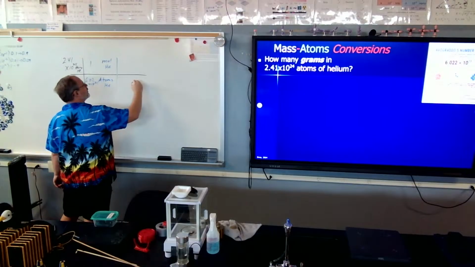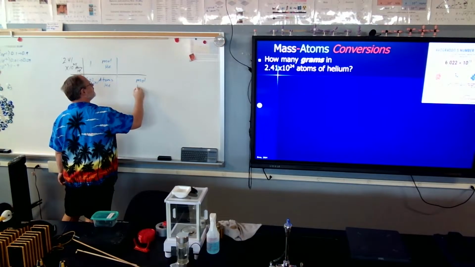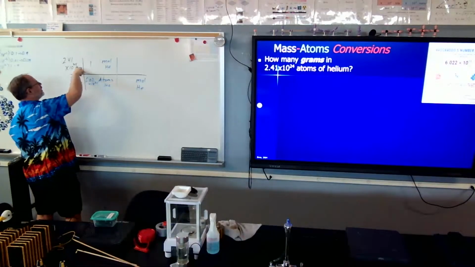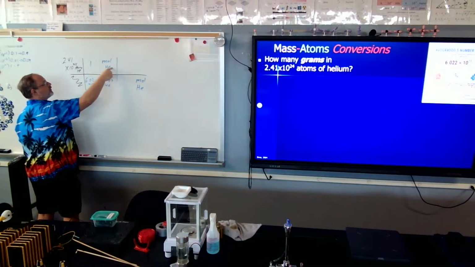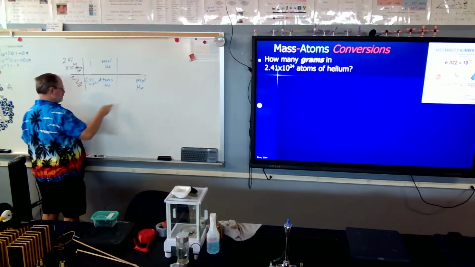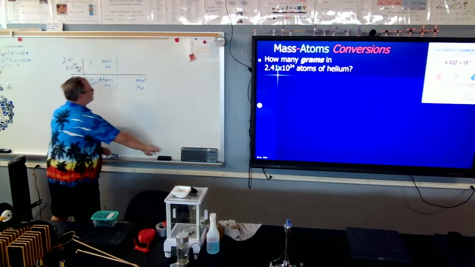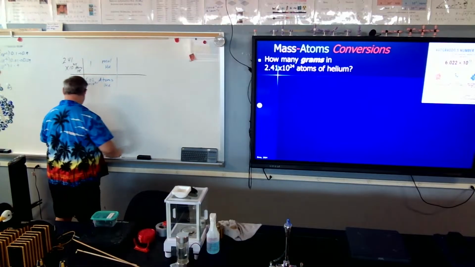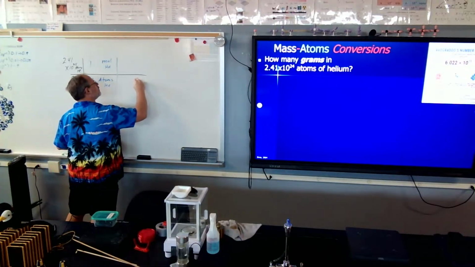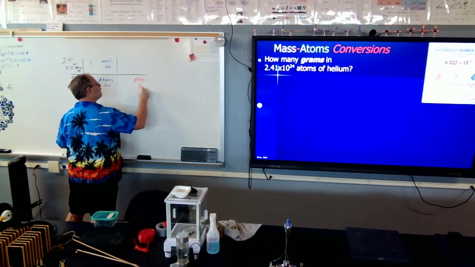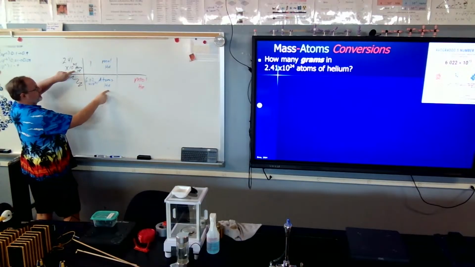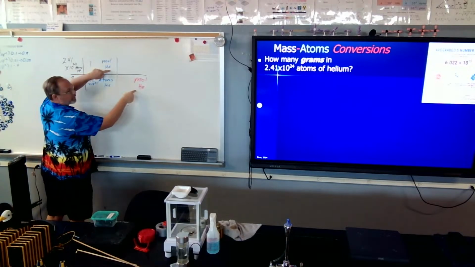We simply bring down our unit and label. Again, just like what was here becomes here, what is here becomes here. I'm going to use different colors because I like using color pens. Moles of helium. So just like what was here goes down here, what is here goes down here.